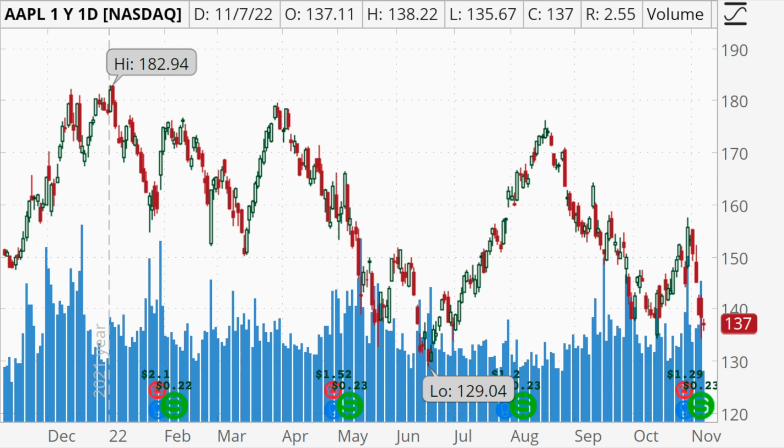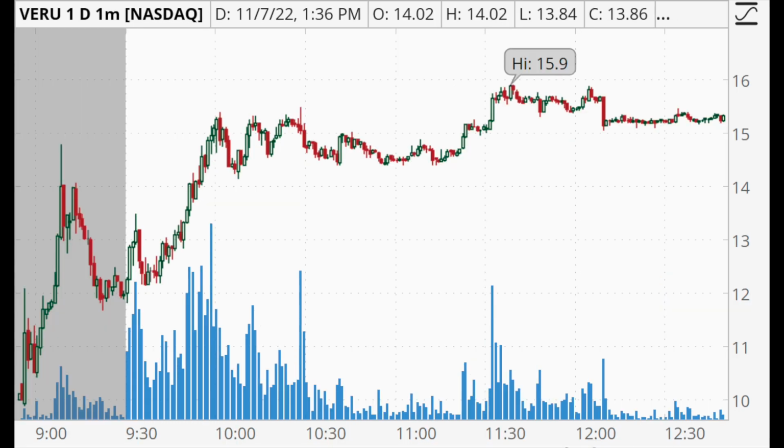On the other side of the spectrum, let's go ahead and take a stock like VERU, for example. VERU is one of the top percent gainers for today. It is spiking up, and it's up about 48% for the day, and it's currently trading just above $15 per share. So a 1% move in VERU at $15 per share is going to be just 15 cents.